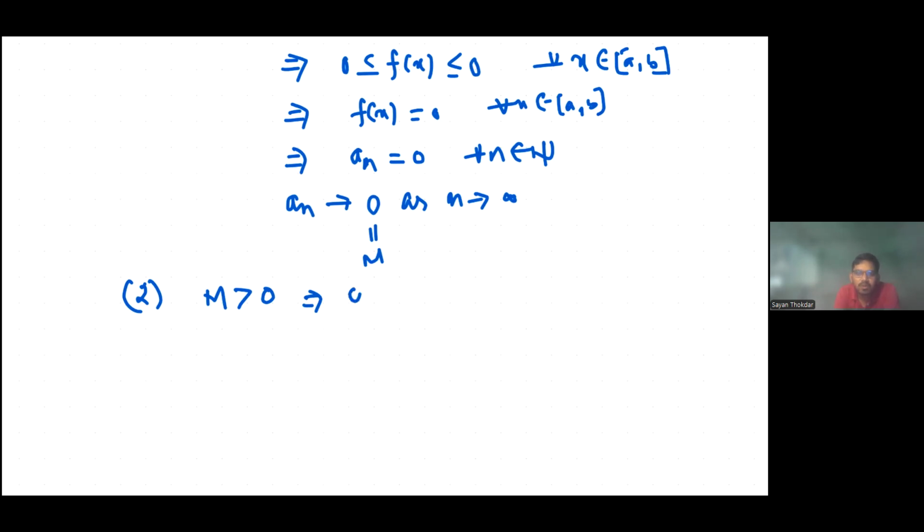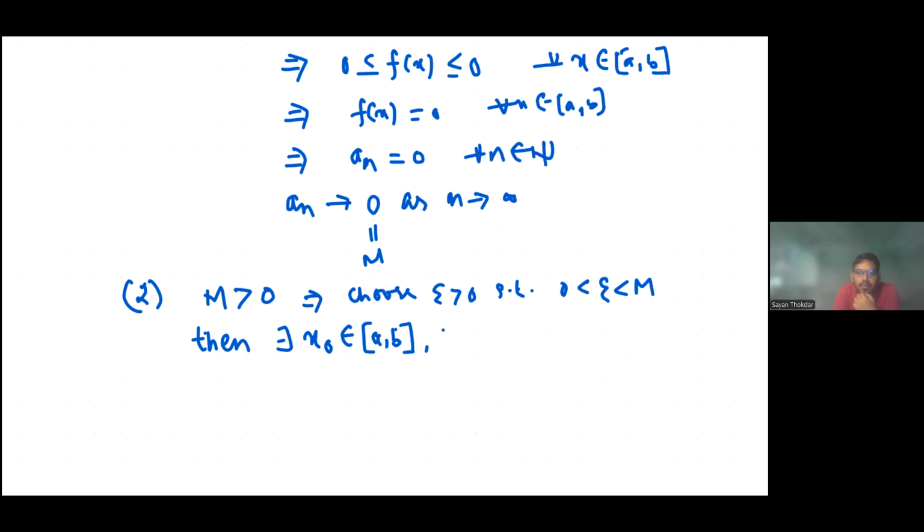Choose epsilon positive such that 0 is less than epsilon less than M. Then there exists x naught belonging to the closed interval [a, b] such that M minus epsilon is less than f of x naught. Clear?